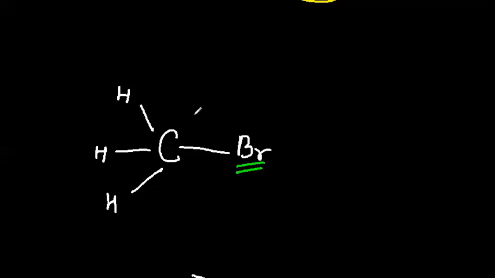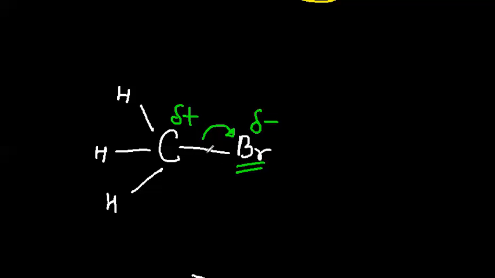It's a halogen, and we know most of the halogens are very electronegative. Therefore, the shared pair shifts a bit towards Br, and as a consequence, Br acquires a slightly negative charge and carbon acquires a slight positive charge.